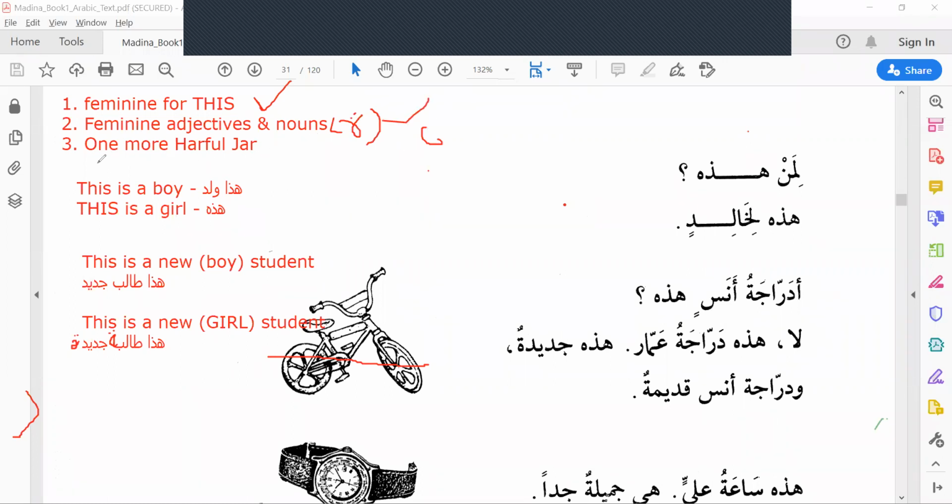The third one is one more harful jar, which is li. Li means belongs to. If I give an example, you will easily understand this. Alhamdulillah. What is the meaning?